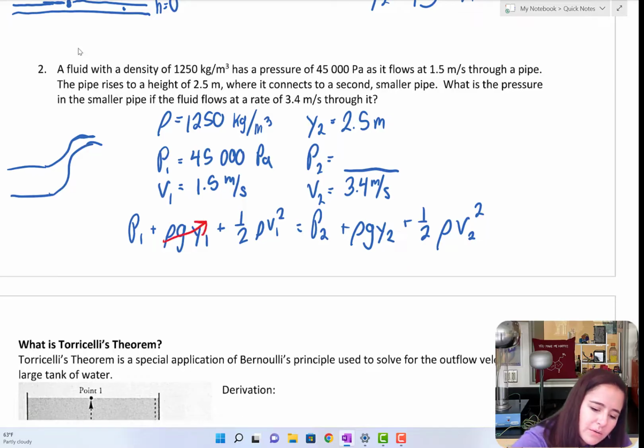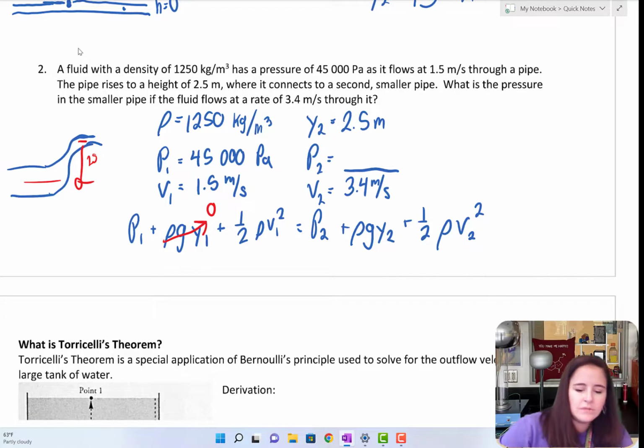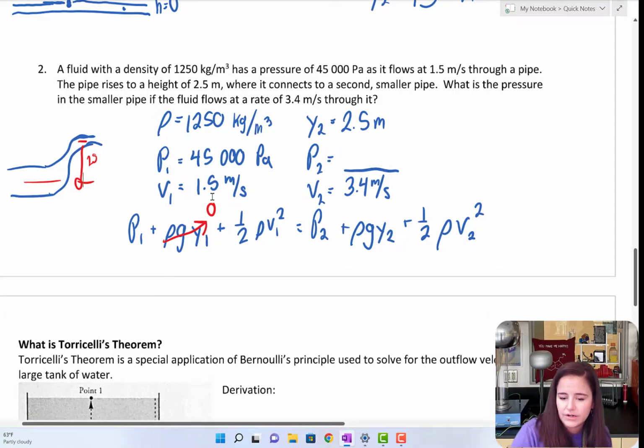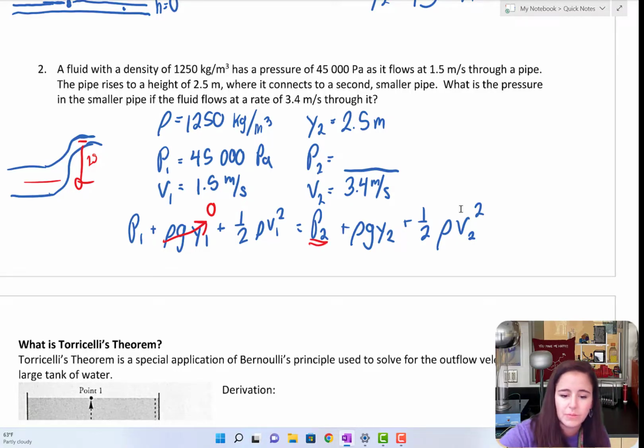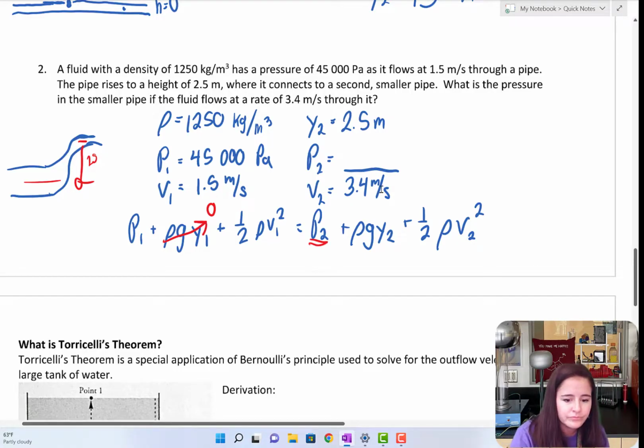Our initial height, we're going to set as 0. And then our final height is that 2.5. We know our initial velocity. We know our final velocity. This is the term that we're looking for. I think we're ready to just plug in our numbers.